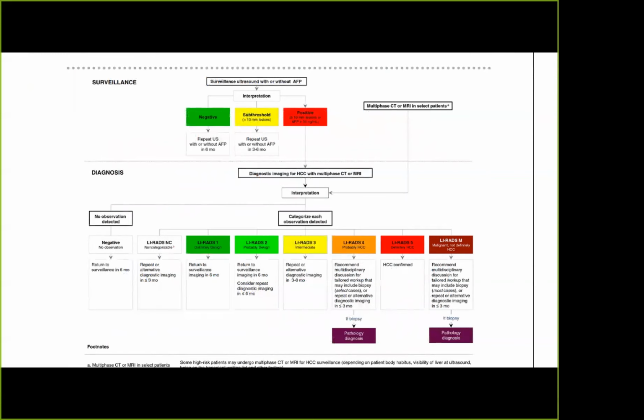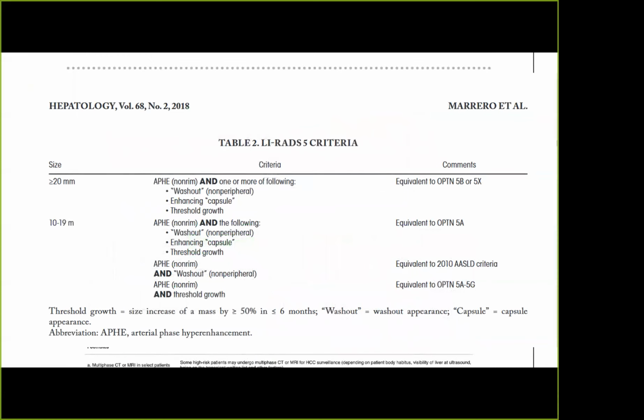There's no more separate AASLD HCC criteria. LI-RADS is now fully integrated into AASLD, and this is another screenshot of their table, again incorporating the LI-RADS 5 criteria as the criteria for HCC.